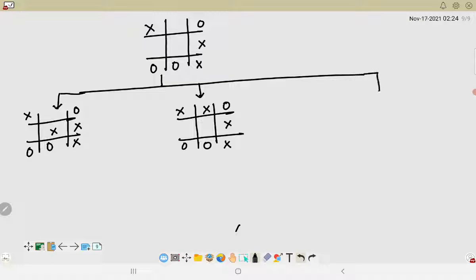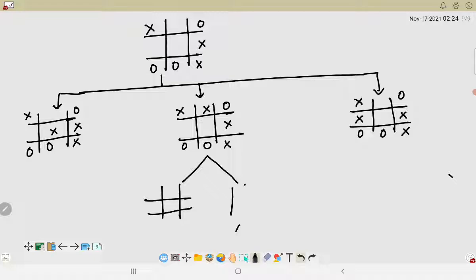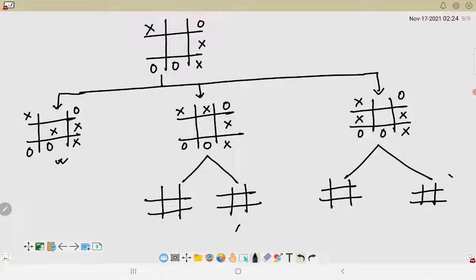And the third one is, suppose here we have x x 0, 0 0 x and x. Then after this I have two different options, each giving me two choices. This will not be further expanded because here the winning move has already been achieved, but in these two representations the winning move has not been achieved.